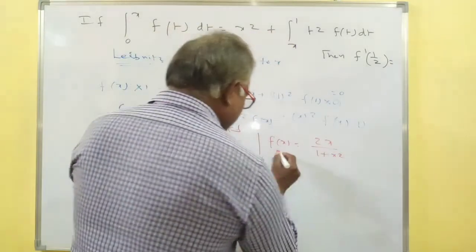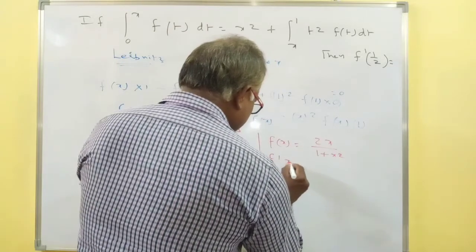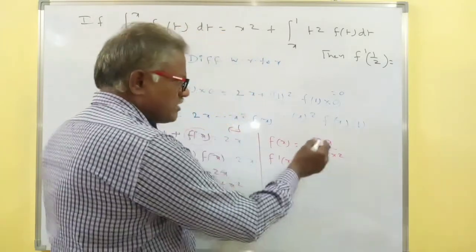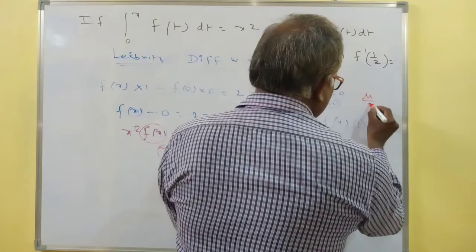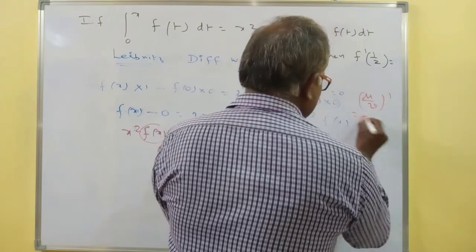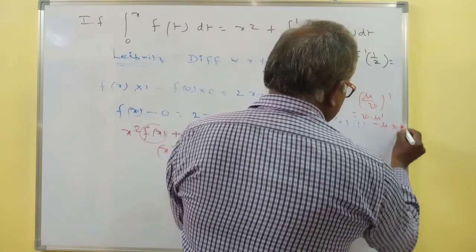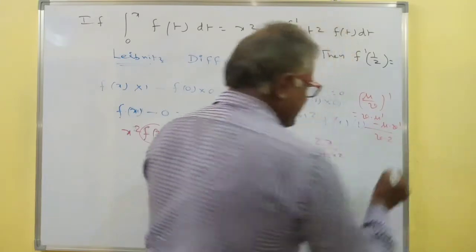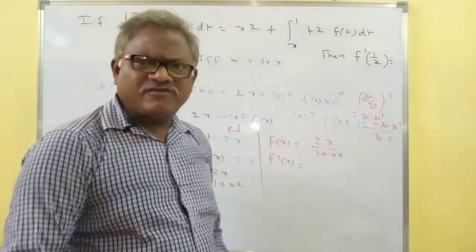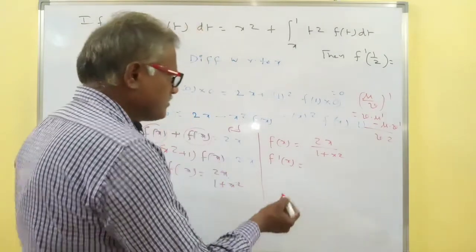Okay. Now here differentiate with respect to x. U by v formula. What is the u by v formula? U by v whole dash is equal to the quotient formula: v into u dash minus u into v dash by v square. In differentiation, u by v formula, quotient rule.